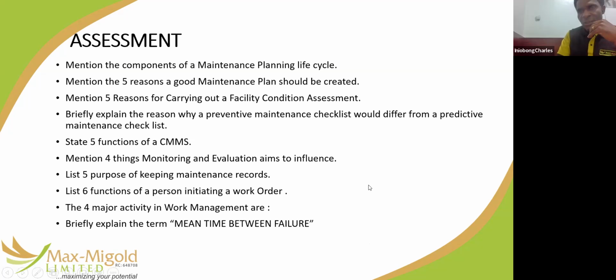All right. At this point, we will draw the curtain, and I will always tell the students, please take time to go through the slides, take time to do your assessment. I want to assure you that by the time you finish this course, you'll be loaded with information to succeed as a facilities manager.